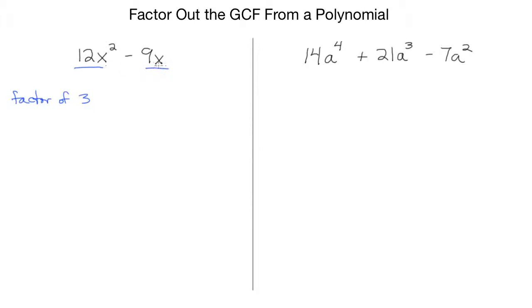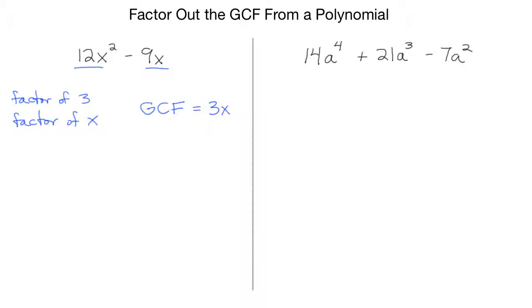So in common, I have one factor of x in both of those terms. I have two x's in the first term, but only one in the second term. So the greatest common factor is equal to 3 times x. I combine both the number part and the variable part.